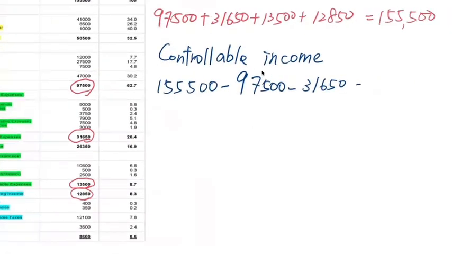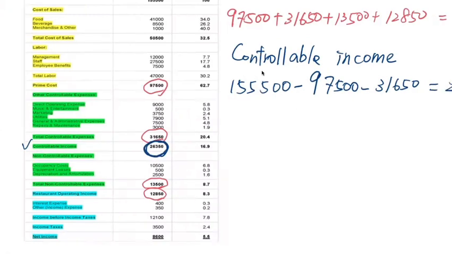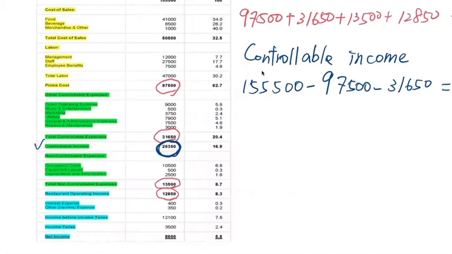So the number we get is the same as the chart. Now we already know the controllable income.